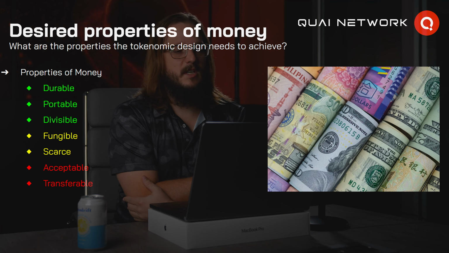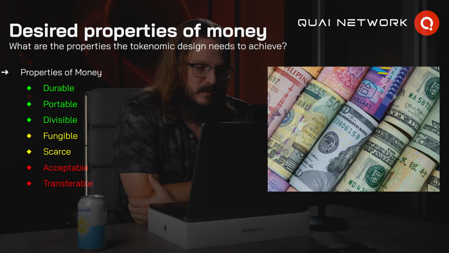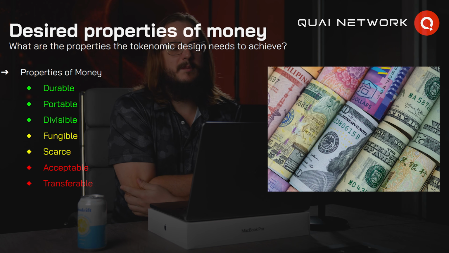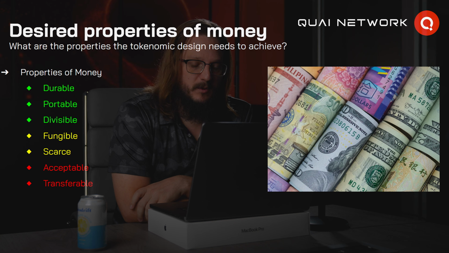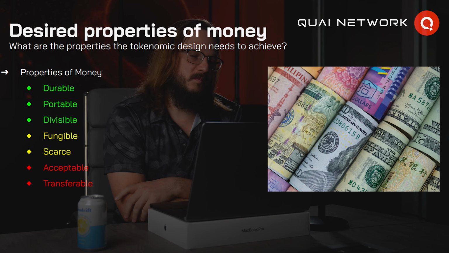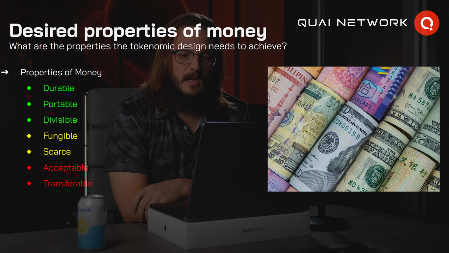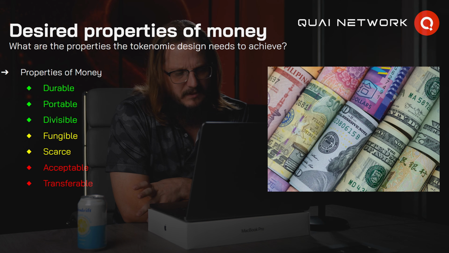Today, since we're aiming to be money, we need to talk about the desired properties of money. What are the properties the tokenomic design needs to achieve for Quai Network to function as a monetary system? The properties of money have been discussed a lot within the crypto space, and people have probably seen these 7 things before.